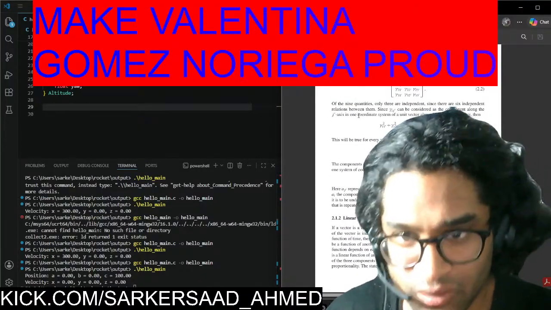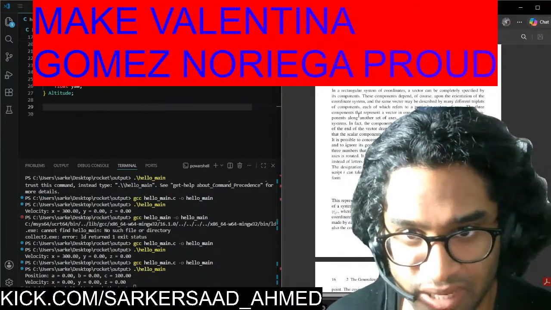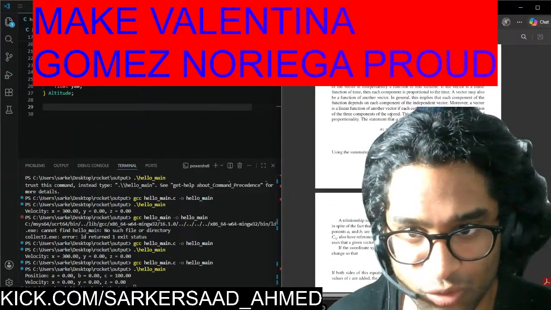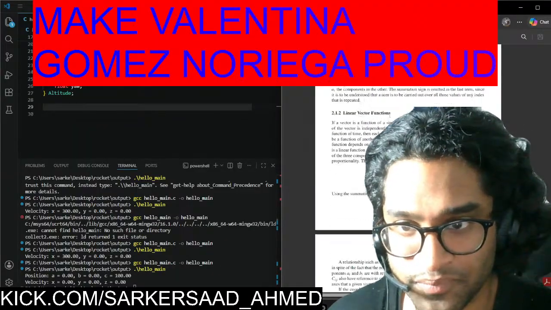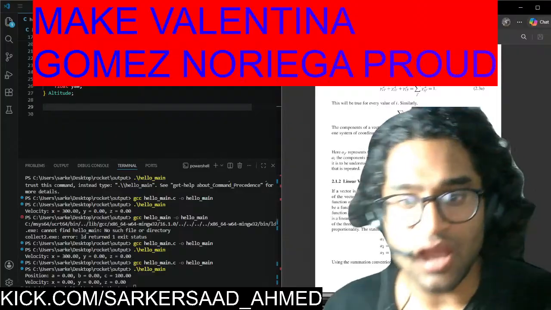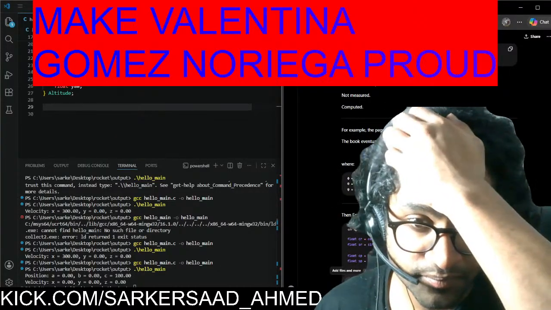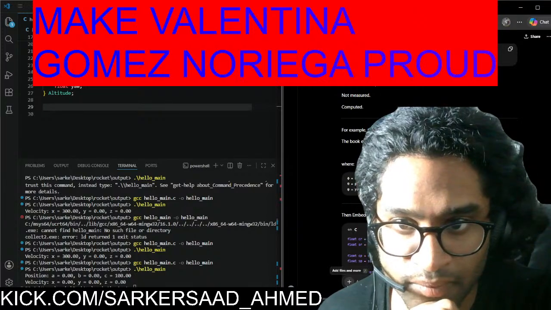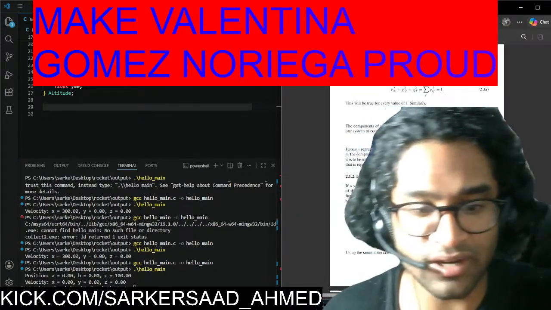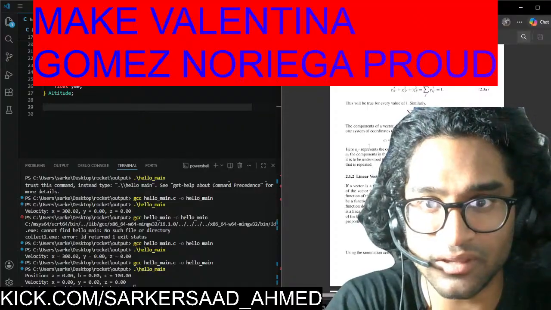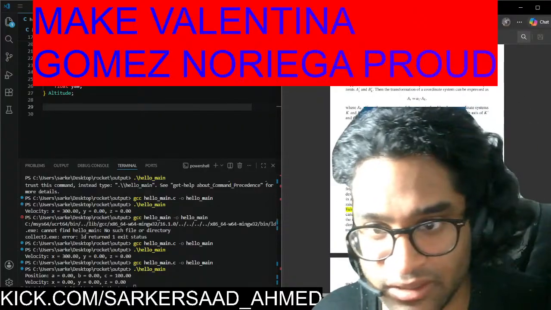Wait, then what does 2.1.1 explain? 2.1.1 is just a summary of everything. Now, what does 2.1.2 explain? Okay, where's the Euler angle?